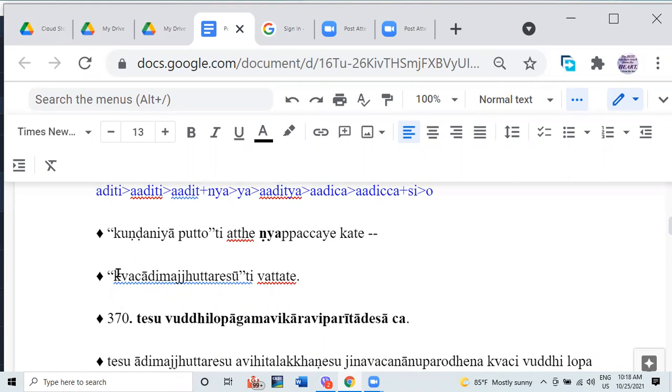To strengthen U of Kondani, we cannot use Buddha Risratava Sanija, because that strengthening sutta works only when there is no double consonant after the vowel to be strengthened.